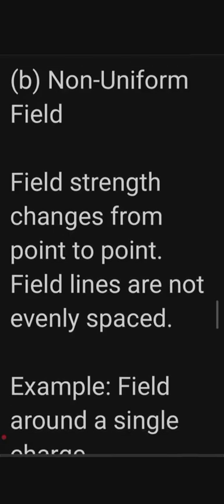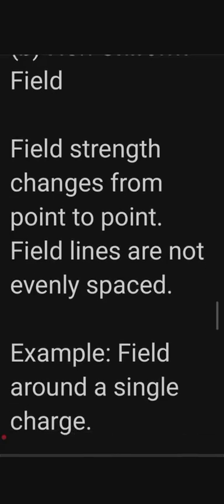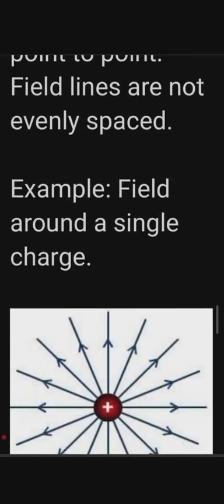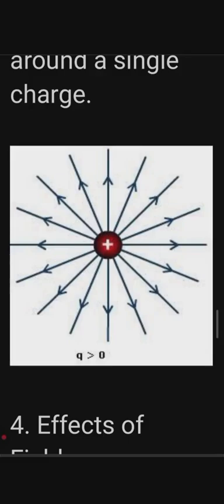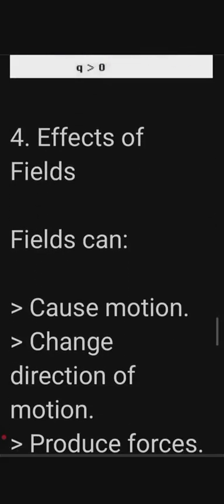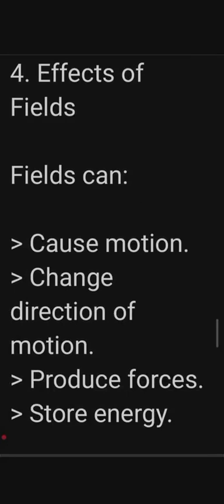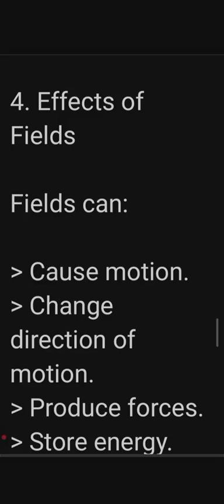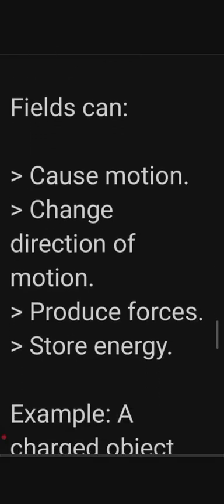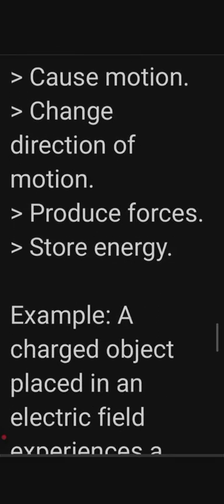A non-uniform field, field strength changes from point to point. Field lines are not evenly spaced. Example, field around a single charge is non-uniform. Effects of field. Fields can cause motion. Fields can change direction of motion. Field produces force.